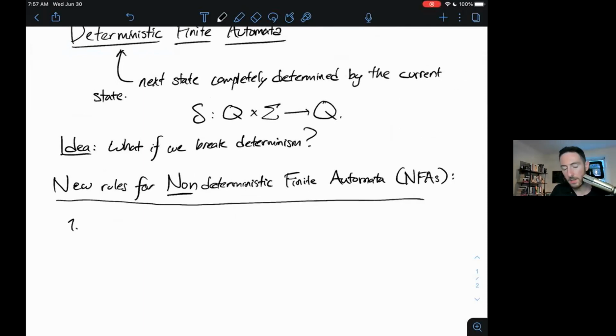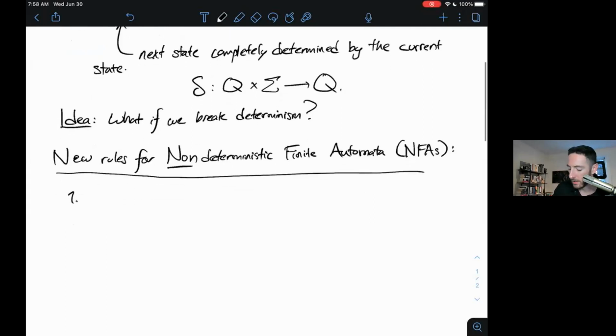Rule number one is that now we'll break our rule that every state has to have exactly one outgoing edge for each symbol in the alphabet.